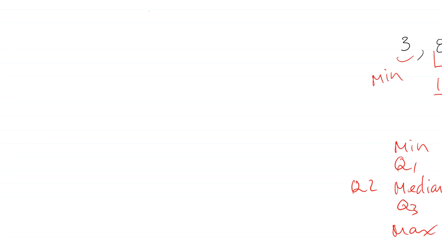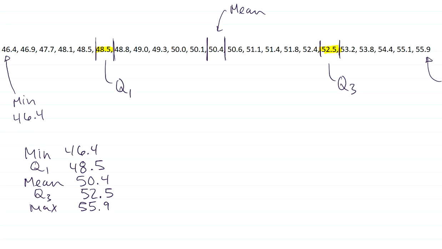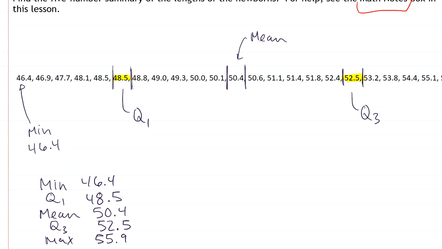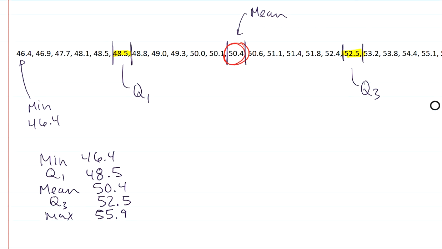So let's jump back over to this problem. It actually had 23 values, so that means there is one value in the middle. There it is, 50.4. That ends up being my median, or Q2. That leaves 11 values below and 11 above, so each one of those has an odd number.